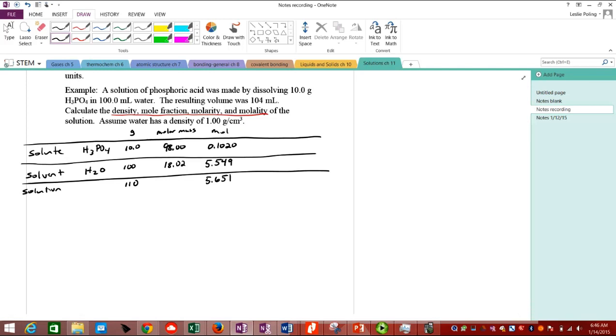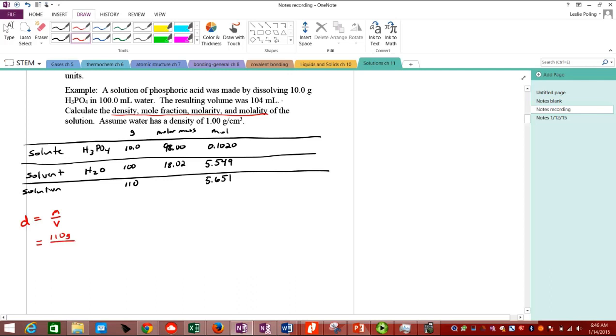So, is that all we need to keep track of everything? Well, let's go through these. Density. Density is mass divided by volume, and we want the density of the solution. So we have the mass of the solution, 110 grams.